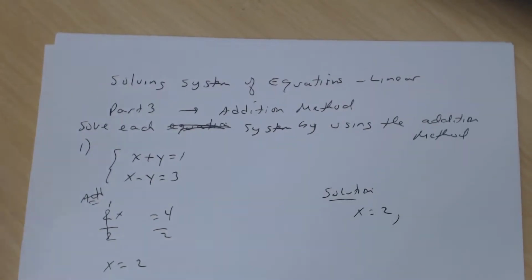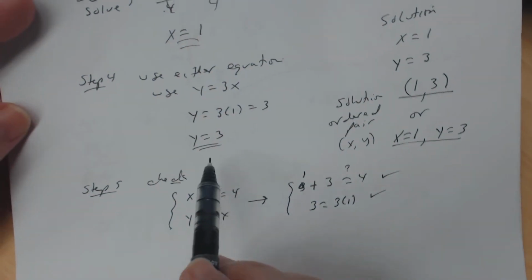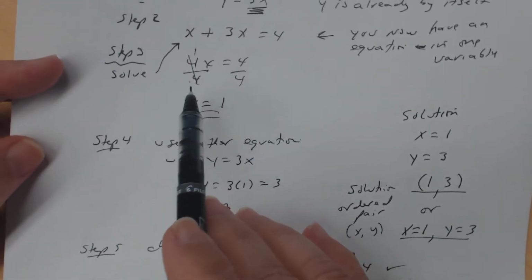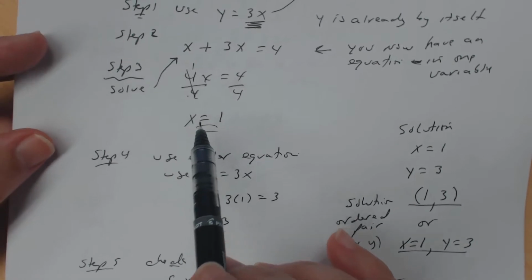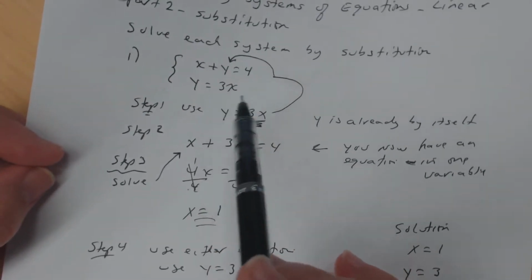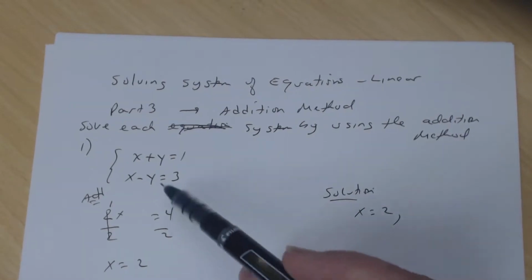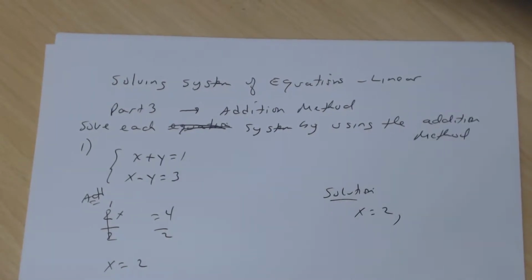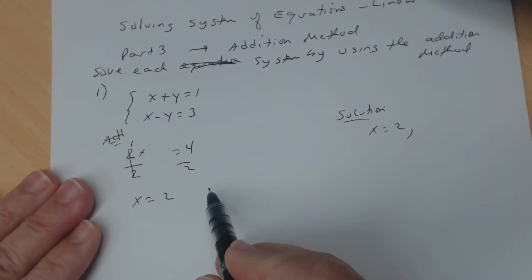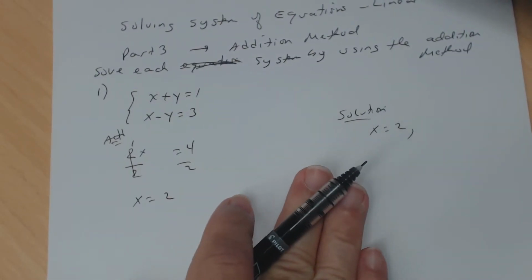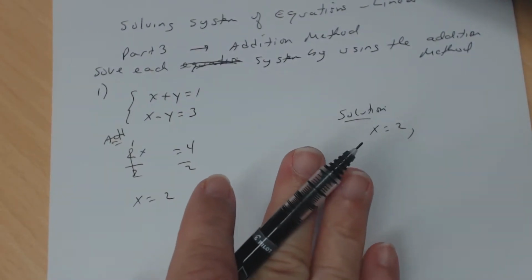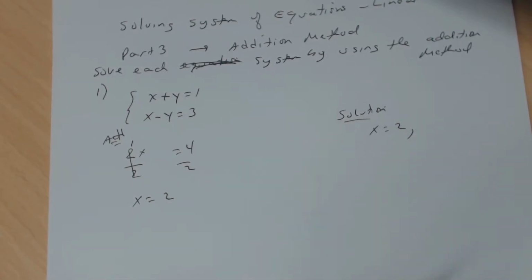That's what I found. Now remember, just like with substitution, once you found the value of x, you just went back and you back substitute to find the value of y. Same thing here. Once you find the value of x, you go back to one of these equations to find the value of y. So watch what happens. There's a lot of similarities between the two. The processes are identical with some parts of it.